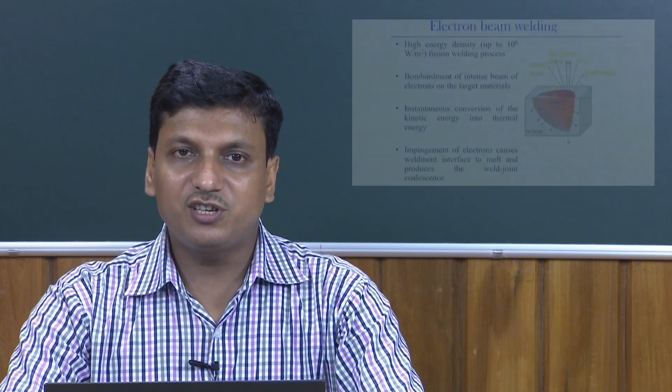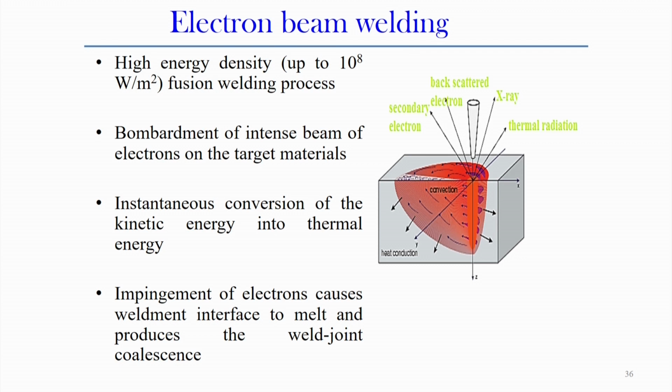In electron beam welding, a high energy density can be created, up to 10 to the power 8 watt per meter square, or I think it should be centimeter square, among fusion welding processes. And the basic principle is that it is possible to create a beam of electrons, by the bombardment of an intense beam of electrons, and focus it on a specific workpiece.